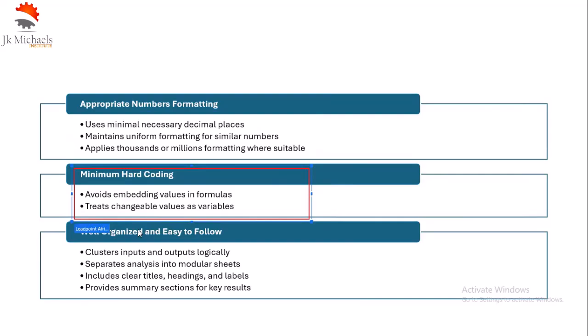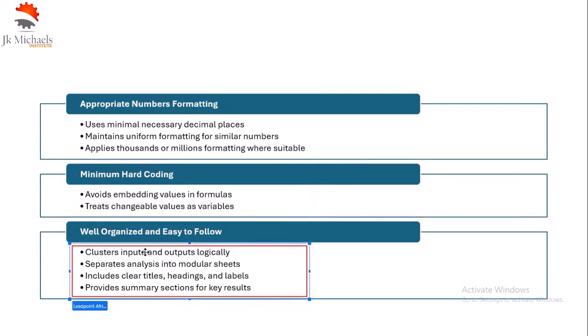But if in transferring the value from one point to another, or in writing your formulas, you hard code, then you would have difficulty when an element is changed somewhere that should affect a particular area in your spreadsheet. So avoid embedding values in formulas and treat changeable values as variables because, of course, they can change, right?